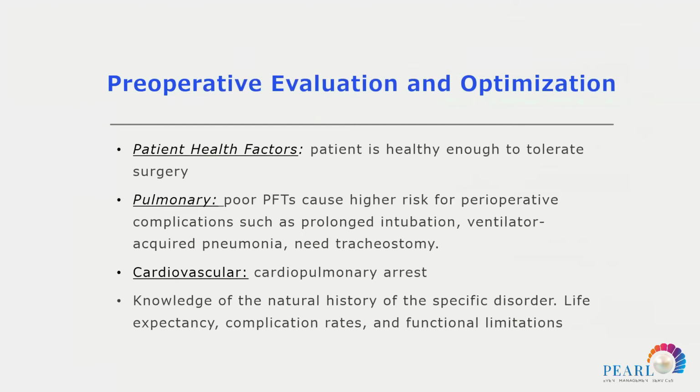Very important, in the end, the patient should be healthy enough to tolerate this kind of surgery. The pulmonary function and the cardiovascular status should be optimized enough to do this kind of surgery. Knowledge about the natural history of each patient is also very important.